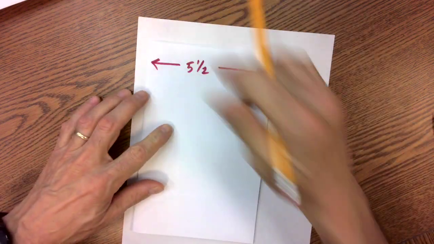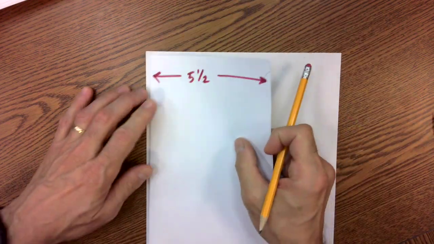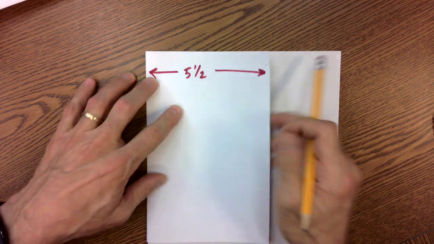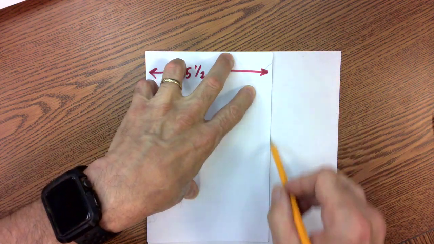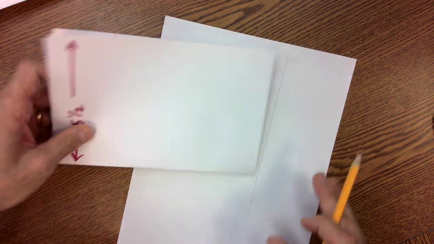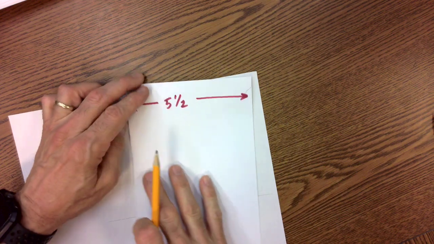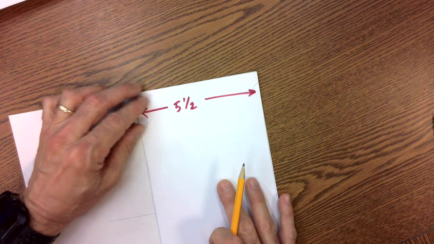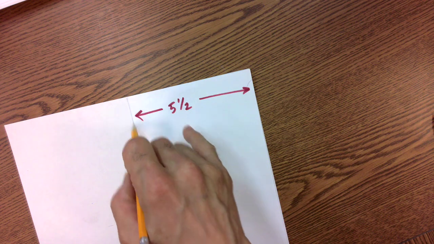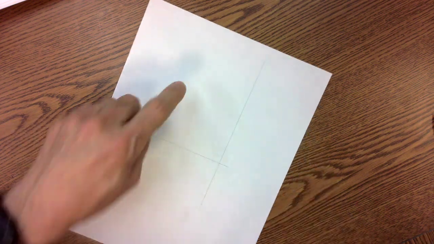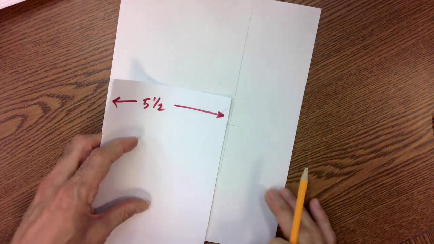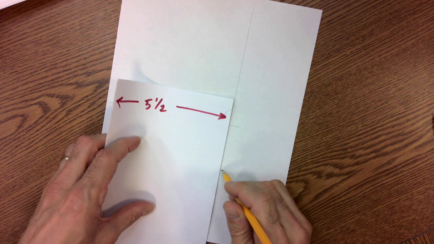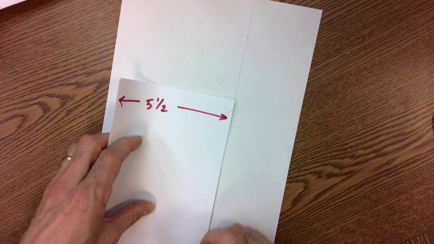So all you need to do, and I'll do this fairly quickly, is line it up in the corner and draw a line right there, and line it up in this corner, and draw another line along the other side, and there you have your 5.5 inch square. You also have one right down here if you want to try again.